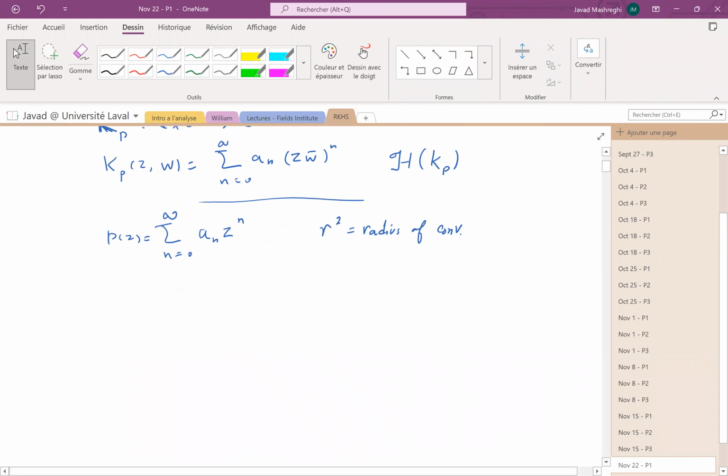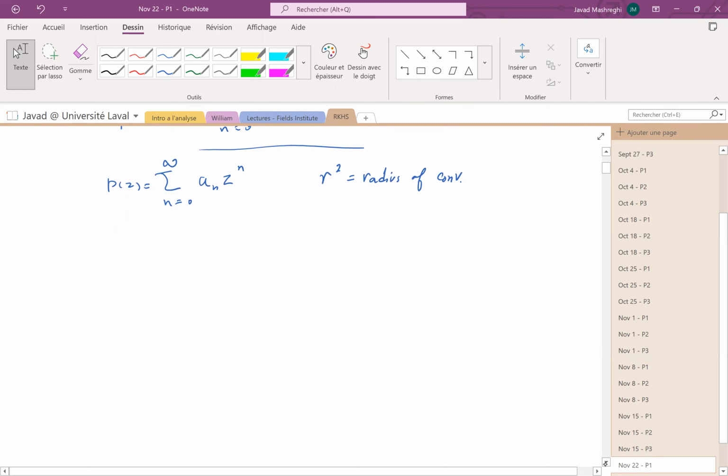The reason is that we can now define K_P as before on (z, w), the sum from n equals 0 to infinity of a_n (z w-bar)^n. And this is defined on z, w belonging to the disk of radius R times the disk of radius R. That is why we put R squared up there, to have D_R here.